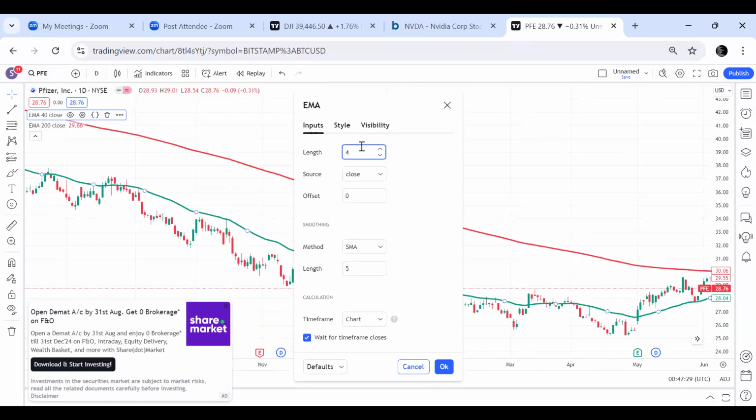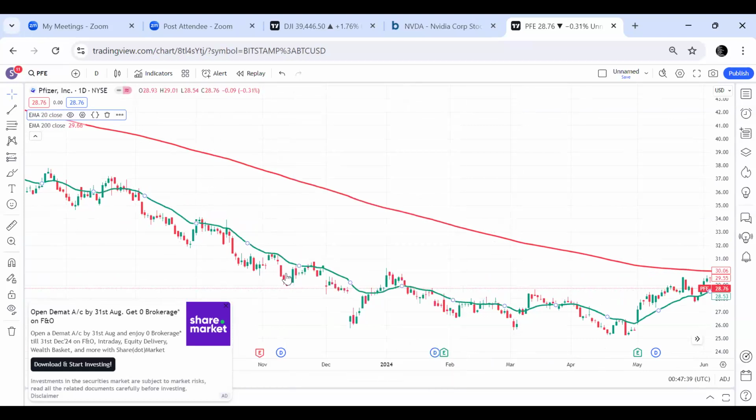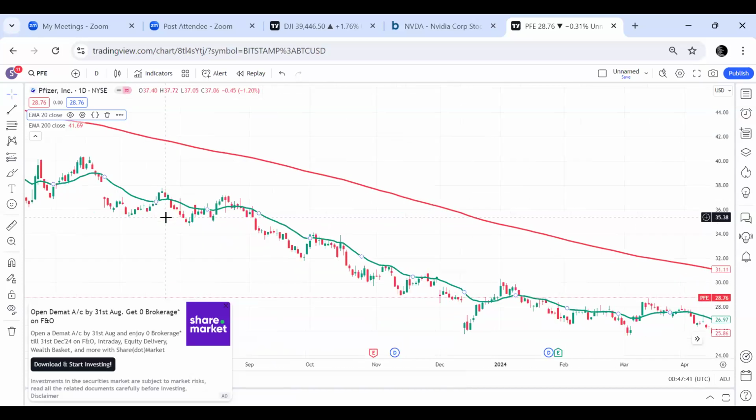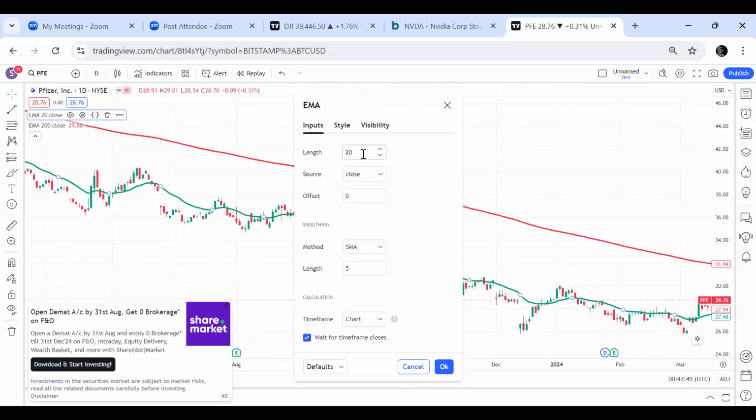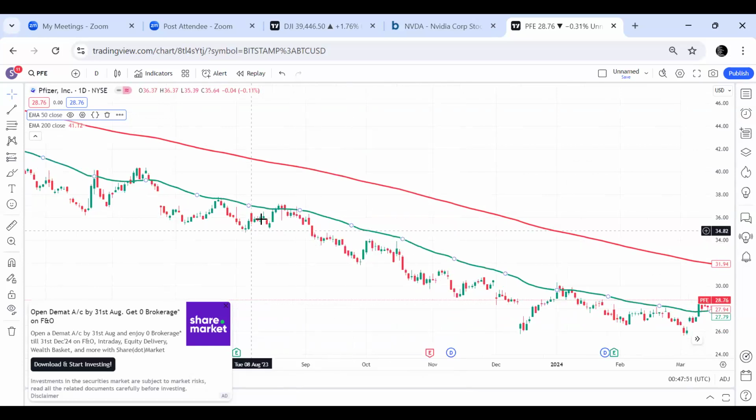You have to do the analysis. So how do I know? For example, if I apply 20 EMA, it looks somewhat better. Previously there was a 50 EMA, and you can see the difference.